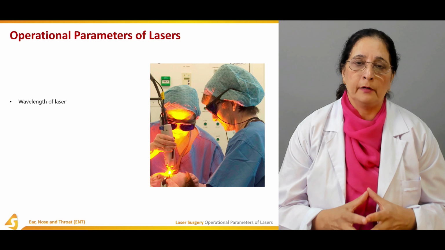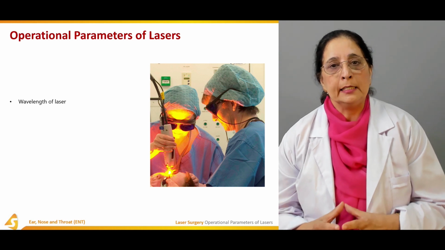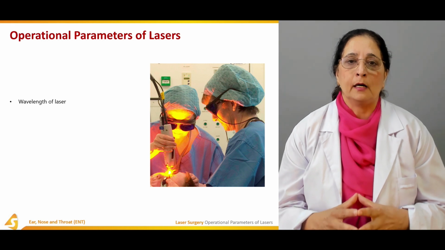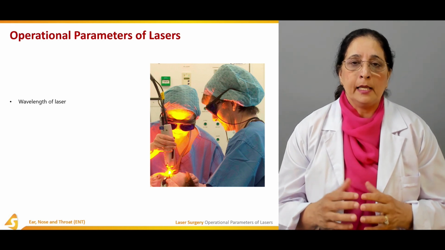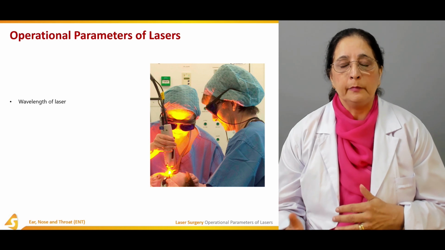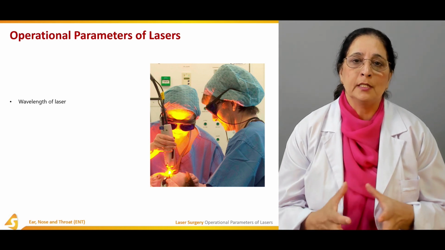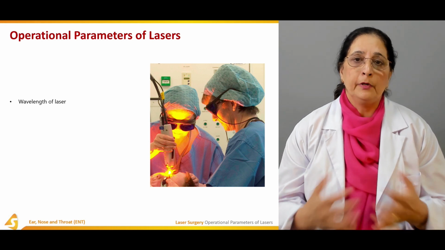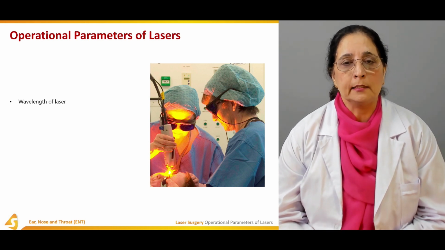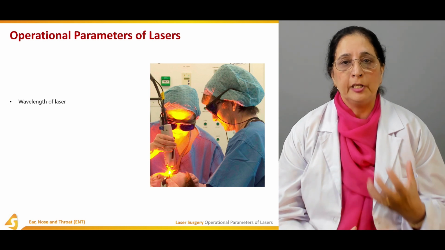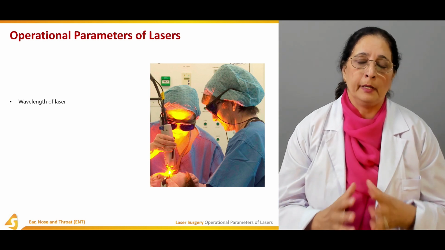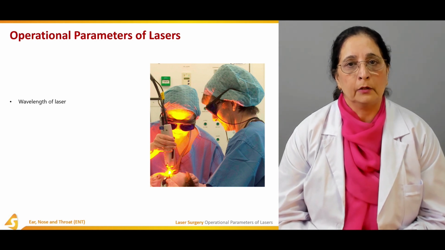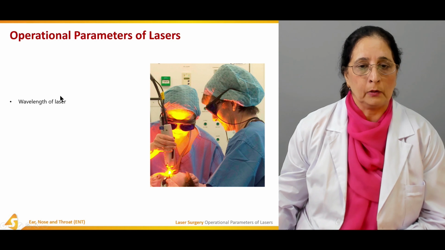If the wavelength is between 380 to 760, those lasers are visible lasers, and other lasers are invisible lasers. More precautions need to be taken for invisible lasers, because we cannot see them and where they are reaching. So wavelength of laser is a very important parameter.